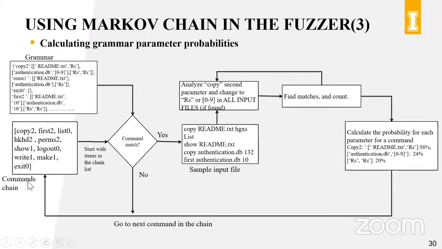We have to find a match between the command chain and the grammar. If there is a match, we take the first line, analyze copy with the second, and change it to RS or 09, across all input files found.